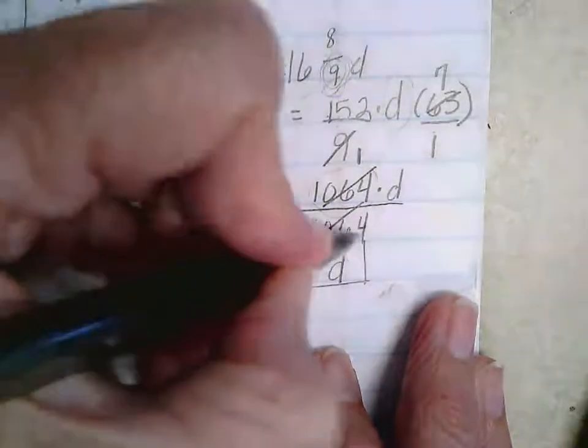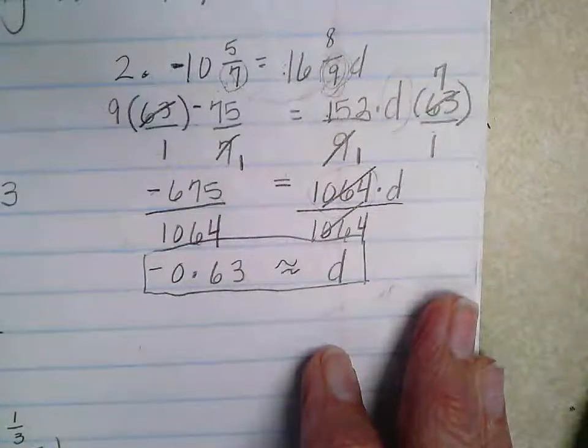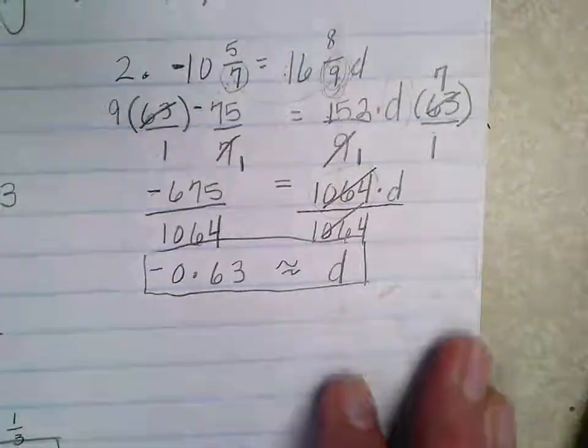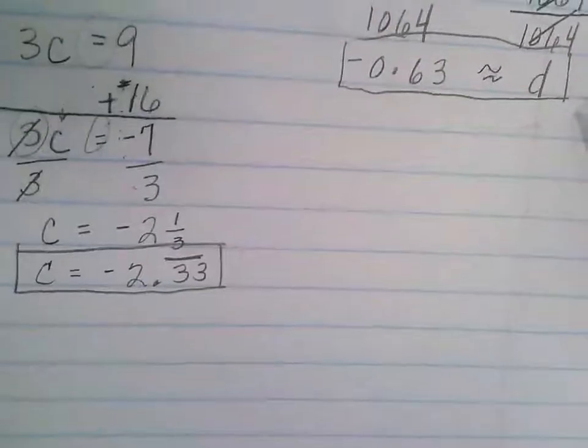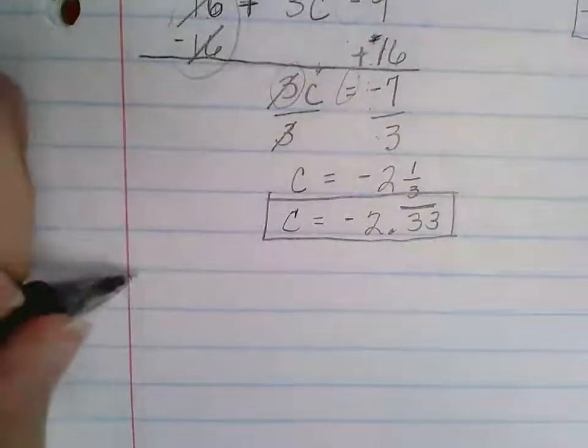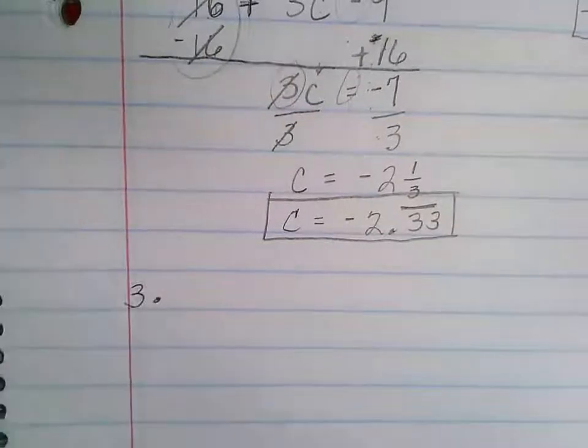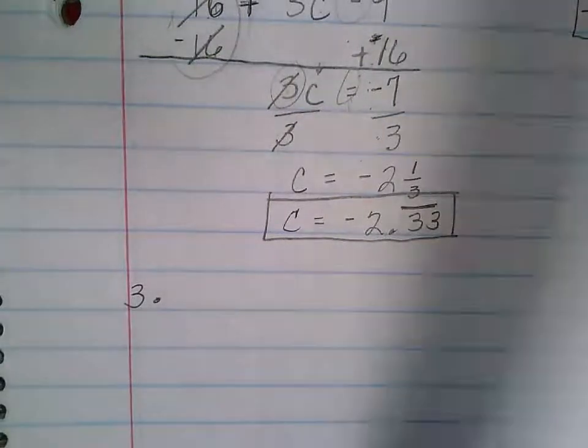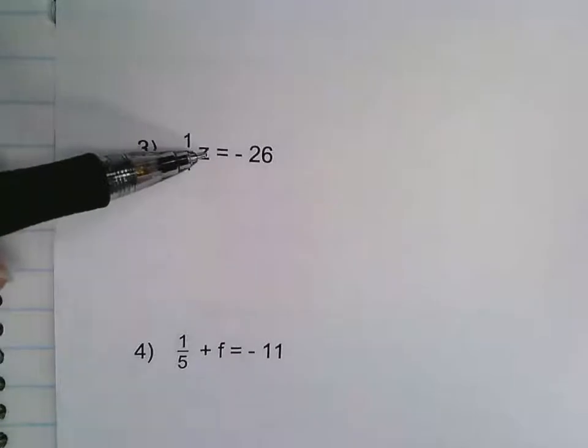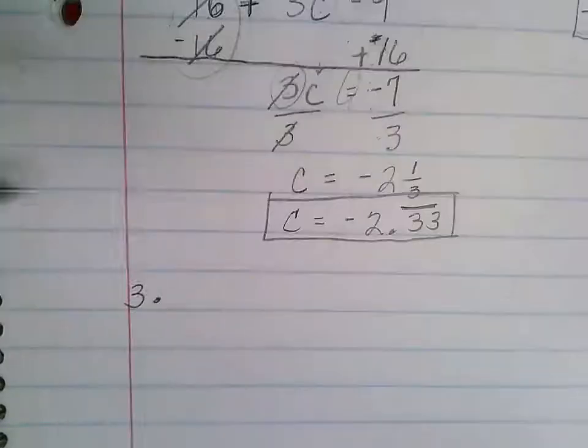So I'm going to box in my answers right here and right here, and I'm going to come down and do number 3, which is 1/4 Z equals -26.